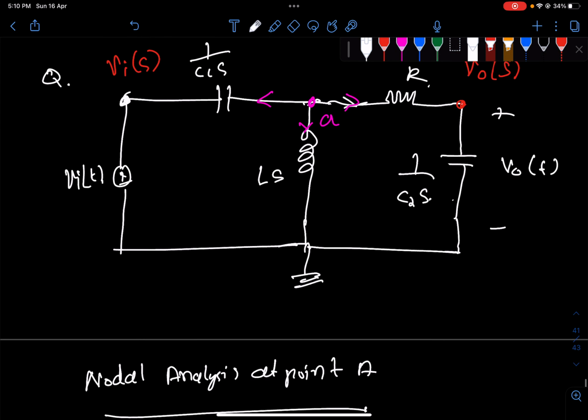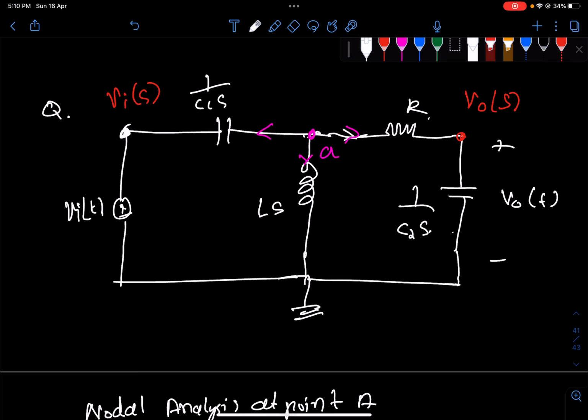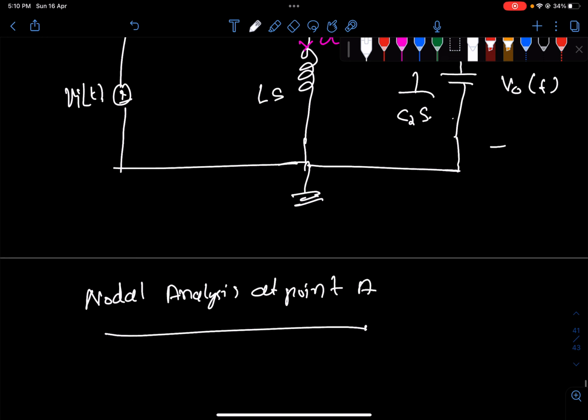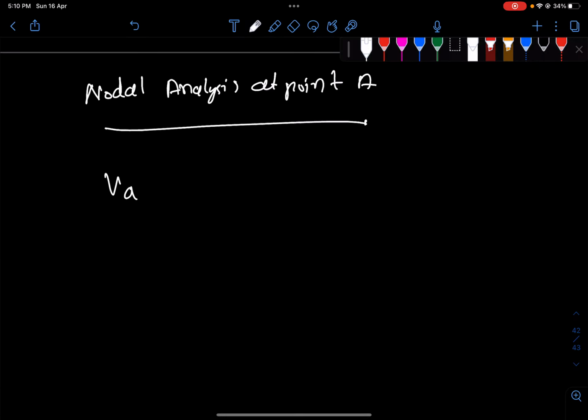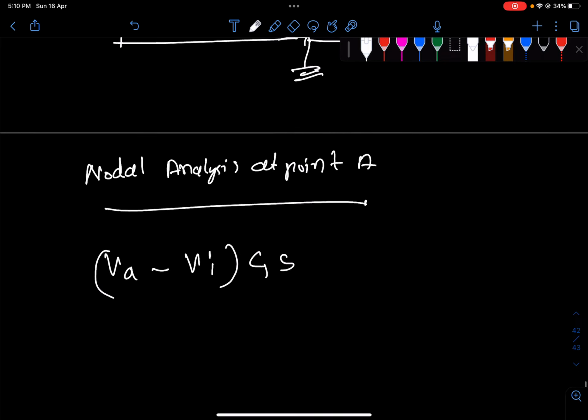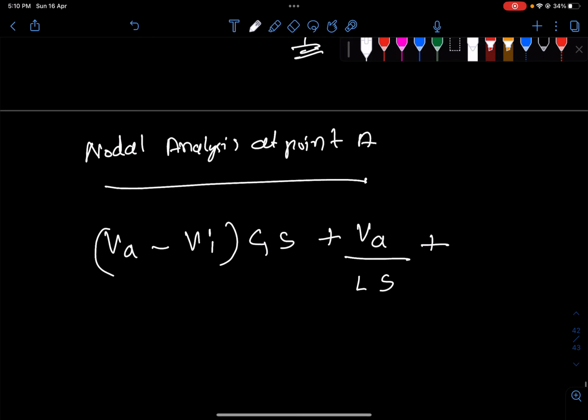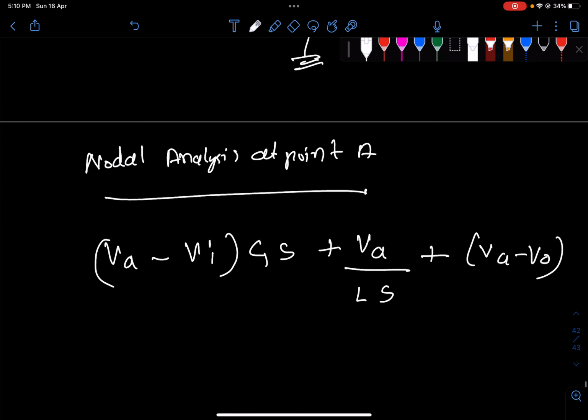So what is the node? You took it as VA, right? So it is (VA - Vi) multiplied by C1 s, plus VA divided by Ls, plus (VA - V0) multiplied by C2 s, equal to 0.